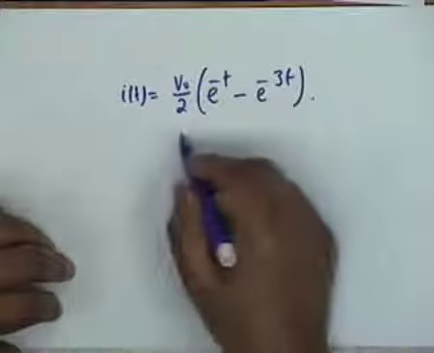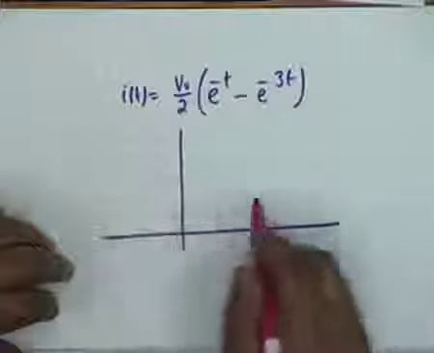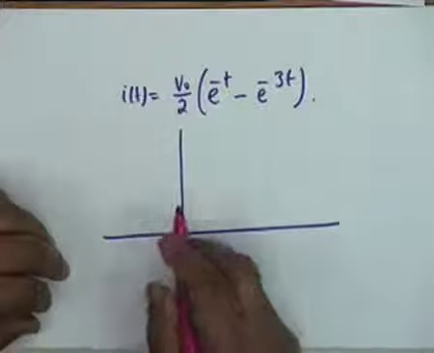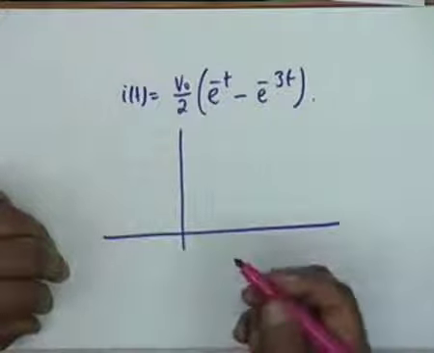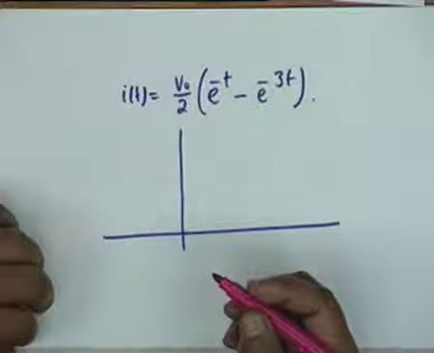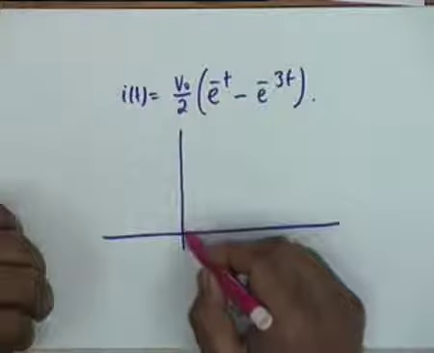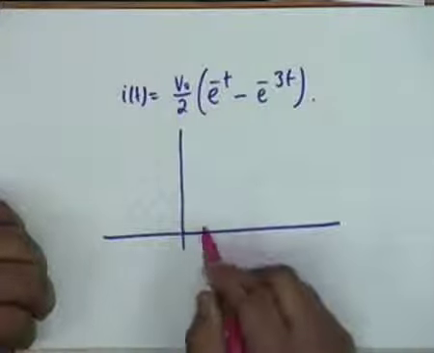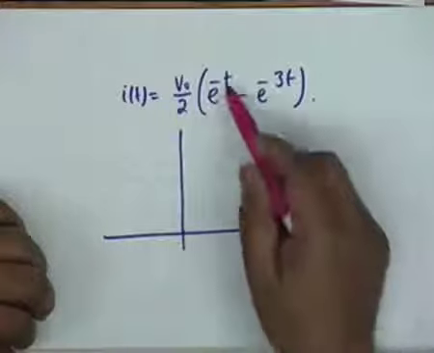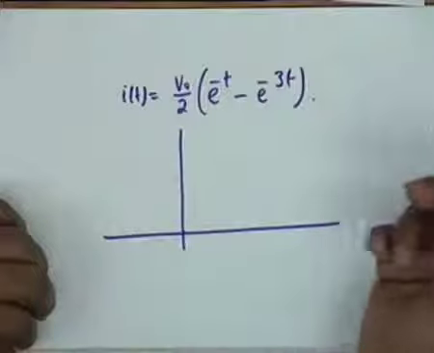How do you think the current will behave with time? How shall it vary with time? Obviously at 0 minus the current was 0, at 0 plus the current will be 0. Put t equal to 0, it is 0. At infinity, when t goes to infinity, this term goes to 0, this term goes to 0, 0 minus 0 is 0.